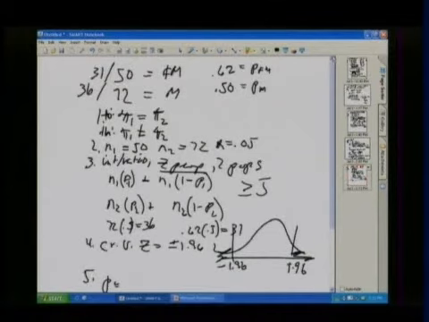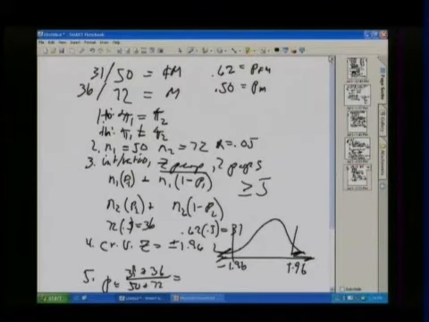One of them was 31 plus 36 divided by the sum of these, which is 50 plus 72. So we have 31 plus 36, 67, divided by 122. So that's going to be the value for my P bar when I work that out. It's going to be a little bit more than 0.5.